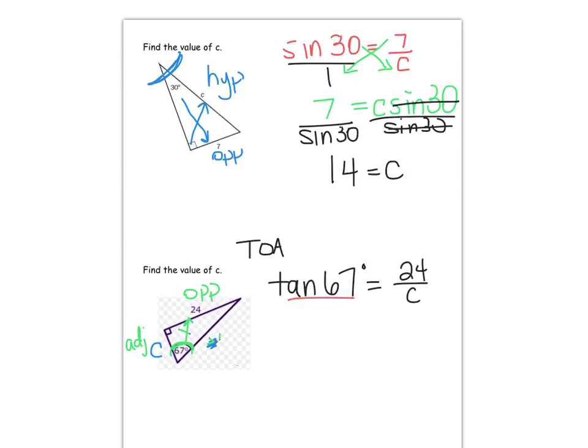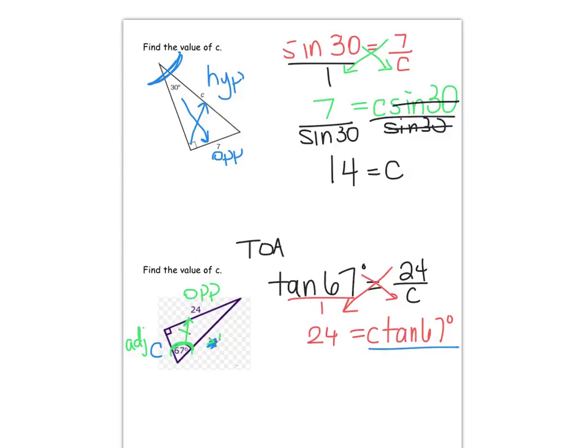And we'll make it a proportion by putting 1 underneath the tangent of 67. And then cross multiply. 24 times 1 is 24. Tangent of 67 times C is C times the tangent of 67 degrees, which is just a number.